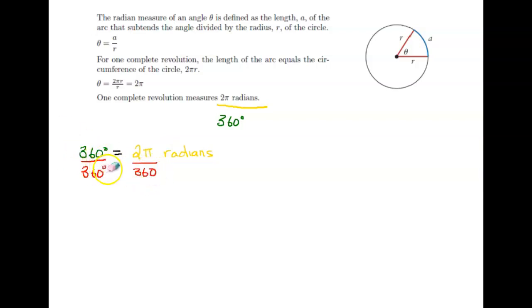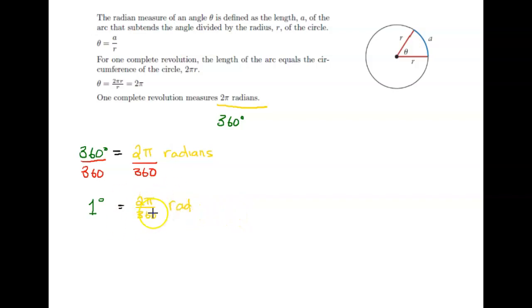I don't actually want that degrees there because I want to keep that unit. So 360 degrees divided by 360 leaves me with 1 degree, which is exactly what we want, that unit rate. But over here, I've got 2 pi divided by 360, and it's going to be denoted as radians.